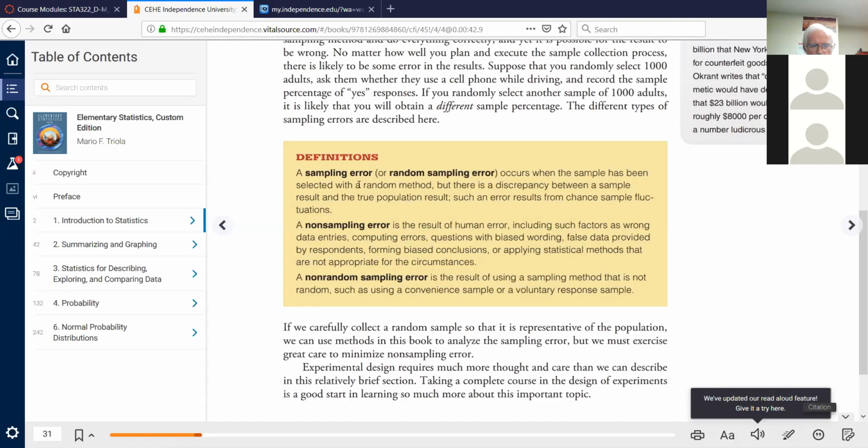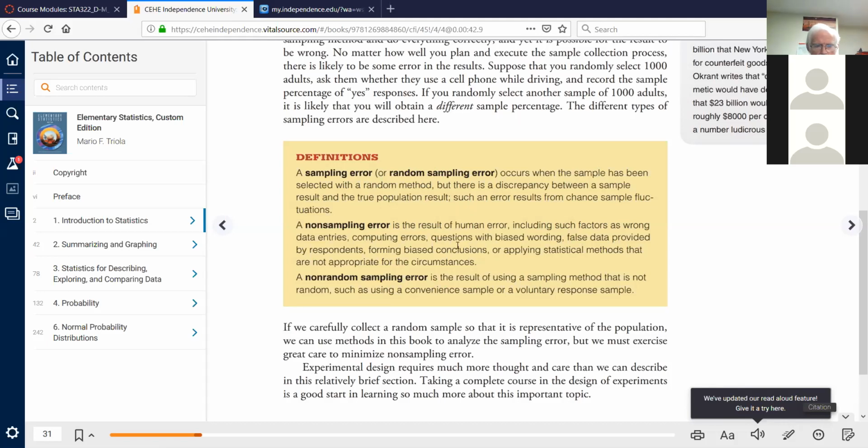The issue is that sampling error occurs when the sample has been selected with a random method, but there is a discrepancy. Sometimes this happens. Truly proper study design can eliminate this.